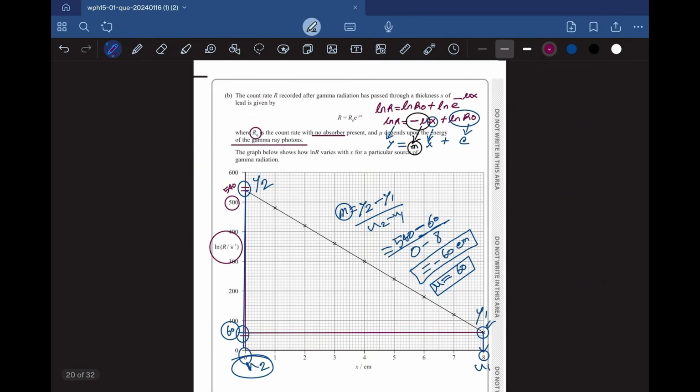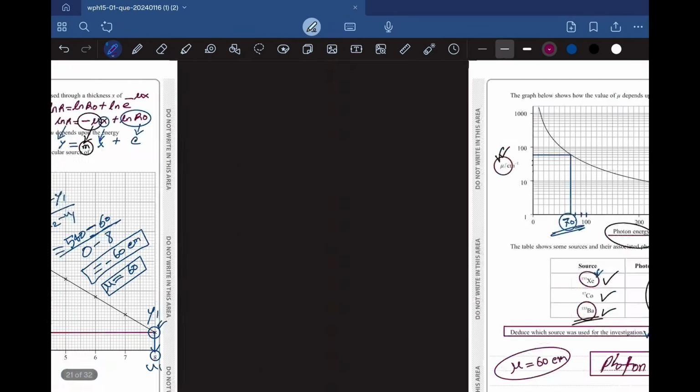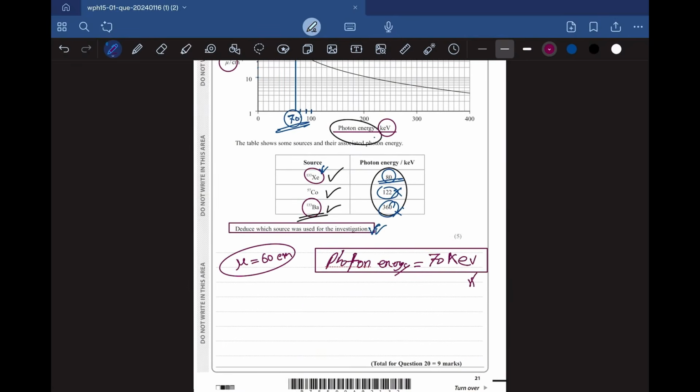Okay, and don't write the gradient like me right here, write the gradient in this position right here. Okay, it is much better. So we can write the source is 113 xe. You can write it down like this.